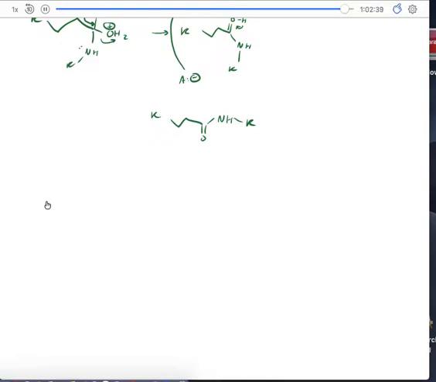The acyl halide, E1 requires strong acid. Yeah, E1 requires strong acid. I think it's just basic.